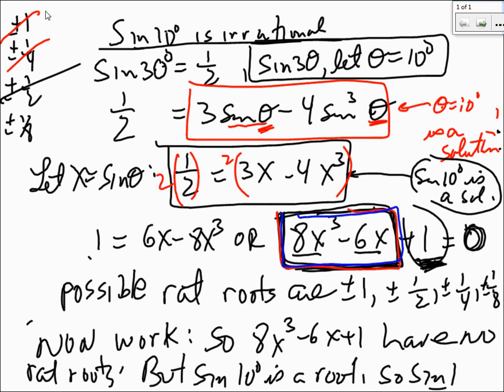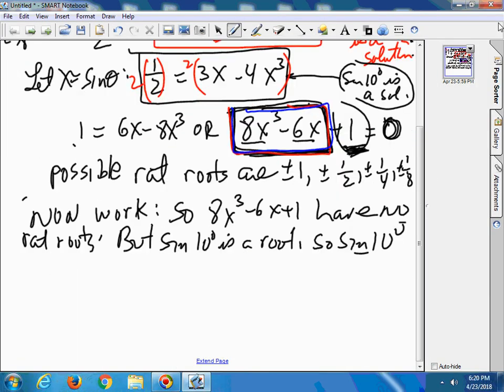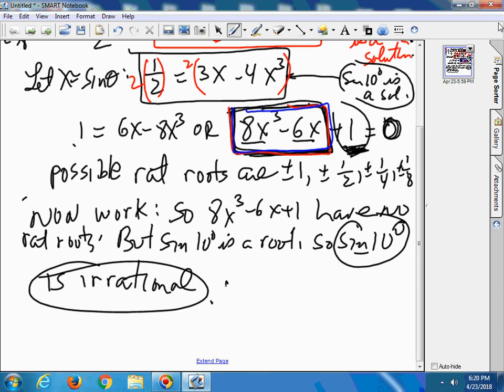So the sine of 10 degrees, that's the perfect place to run out of, or the worst place to run out of space. So the sine of 10 degrees is irrational, because it can't be rational. And that's what I wanted to prove.